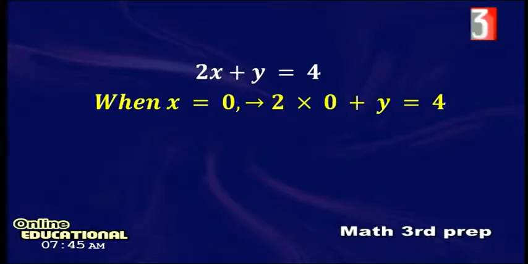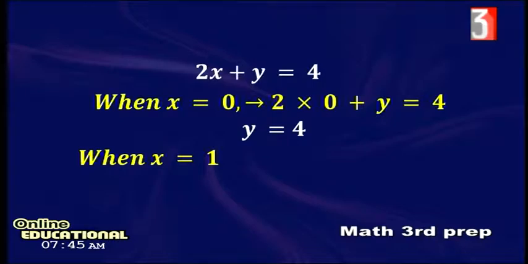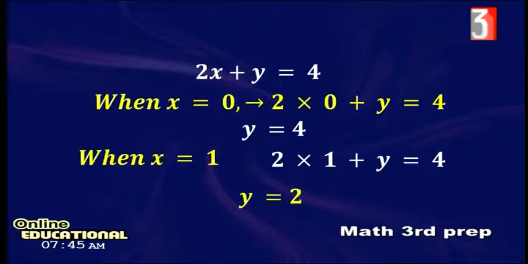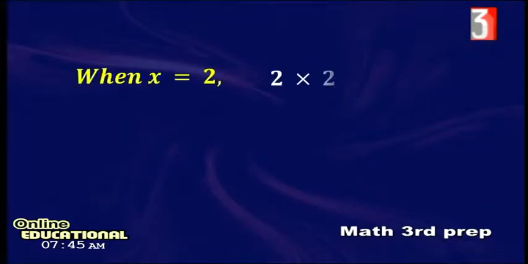Then when x equals 1, by substituting, it is 2 times 1 plus y equals 4, then y is going to be equal to 2. And finally, when x equals 2, 2 times 2 plus y equals 4, and by substituting, you are going to find that the value of y equals 0.